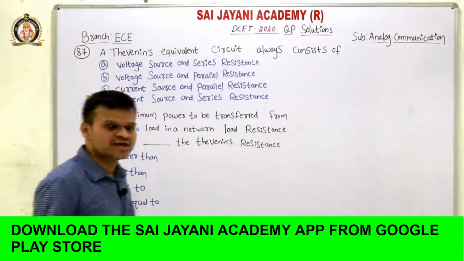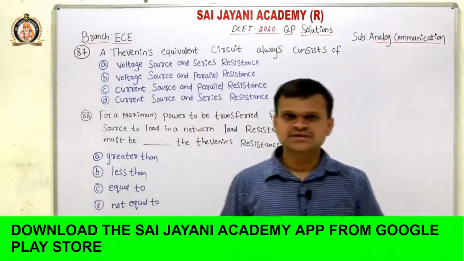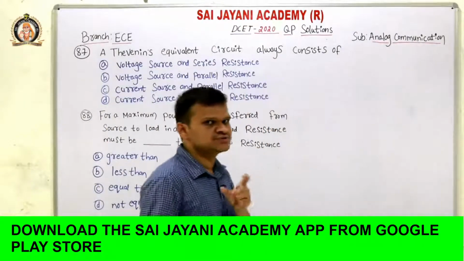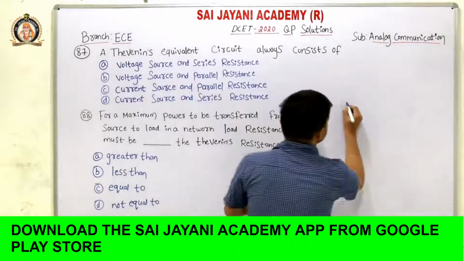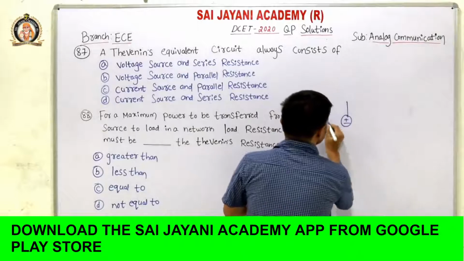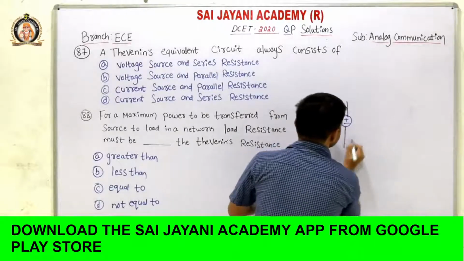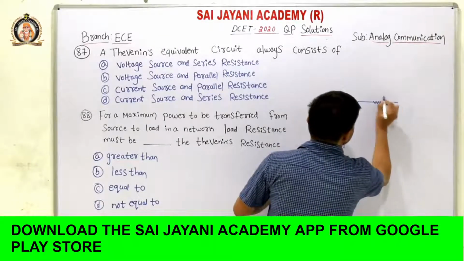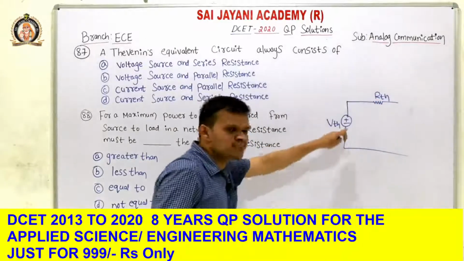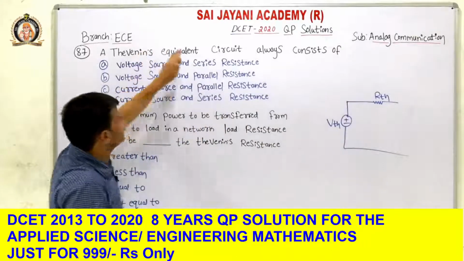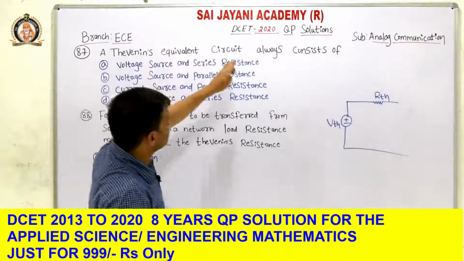We already know that a Thevenin's equivalent circuit mainly consists of Thevenin's voltage in series with Thevenin's resistance. That is VTH in series with RTH. This entire combination is called as Thevenin's equivalent circuit.